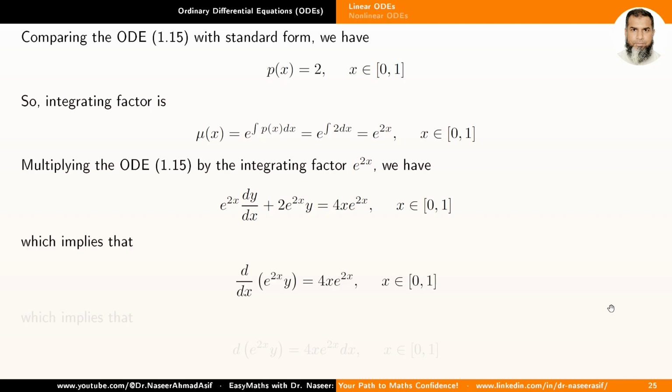Well, this can be expressed as d/dx(e^(2x) y) = 4x e^(2x), where x ∈ [0,1].